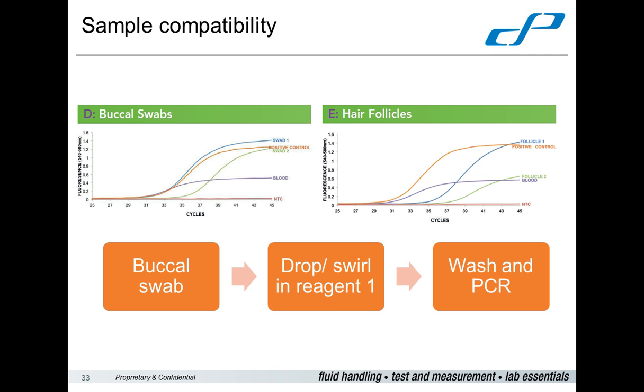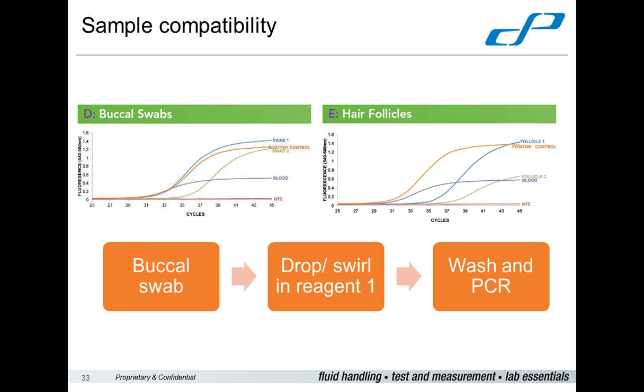Staying on the subject of human identification sample collection types, we also tried buccal swabs. Now we've got an extensive set of data on buccal swabs. We've got stability data, and we've got extraction efficiency and yield data. But this was one of our first experiments in our laboratory, where we took a buccal swab from a couple of the scientists in the lab.